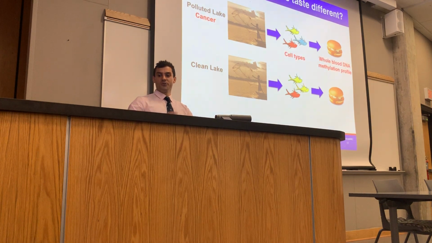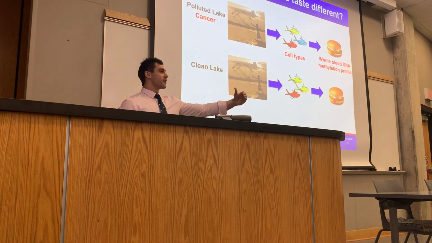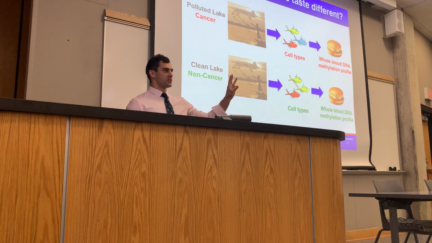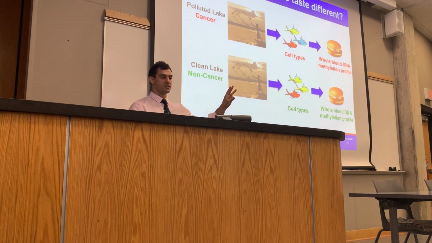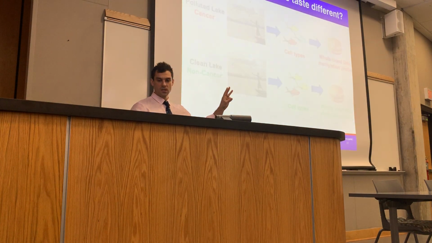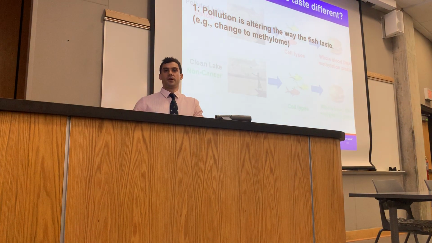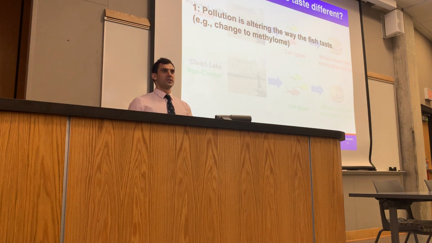So now let's suppose that we take these two fish fillets and we compare them between the polluted lake and the clean lake, and let's say they taste different. Now there's three possibilities to explain why the fish fillets taste different between the polluted and the clean lake. The first is that the pollution is actually altering the way the fish taste. In other words, fish that are in the lake with pollution, it's like seeping into the pores of the fish, and it's actually changing the taste of the fish that way.